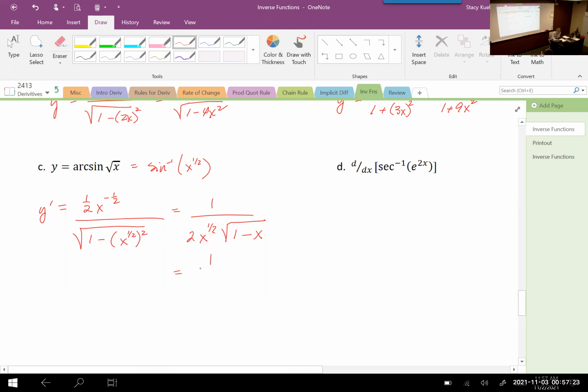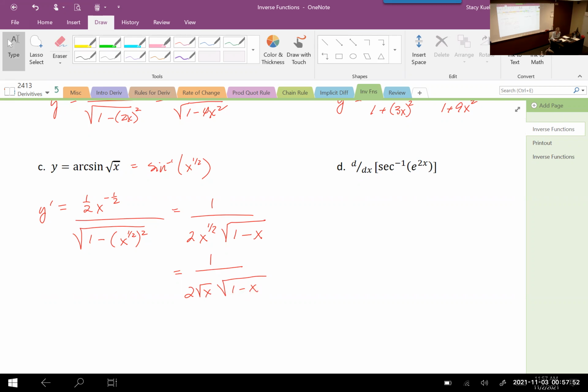So I have 1 over 2 times the square root of x times 1 minus x. And you could simplify that by putting that, because they're both square root symbols, right? So I could move that inside or I could move it on the outside. Either one.